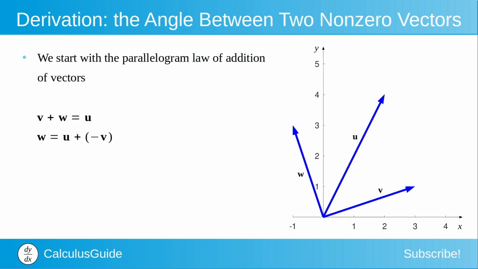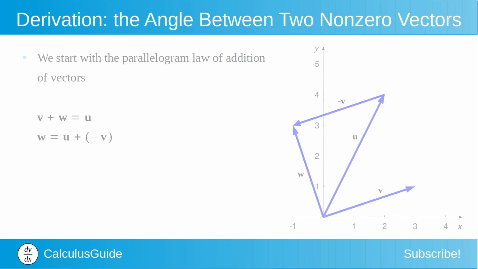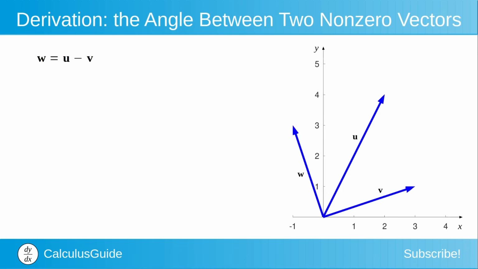We can add the vector u plus the vector minus v by placing the initial point of minus v at the terminal point of u. This is now shown to the right. So we have that the vector w is equal to u minus v.